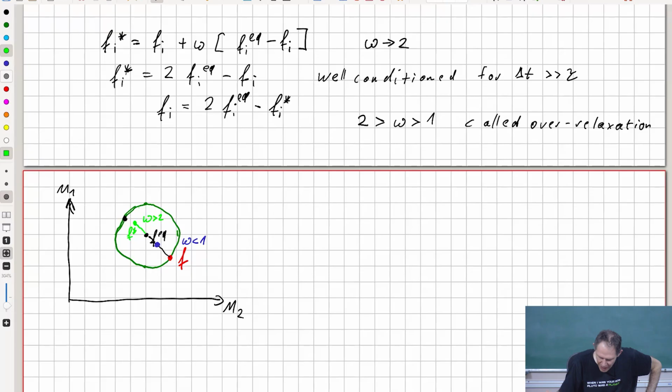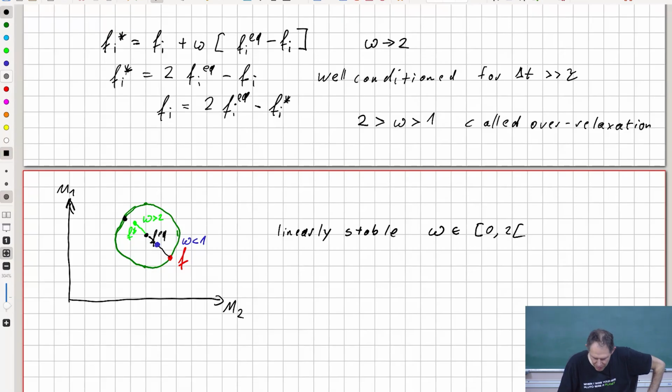Because we have this contraction here, so we are getting closer even if we overshoot, this means we have a linear stability for omega in the range including 0 and excluding 2.